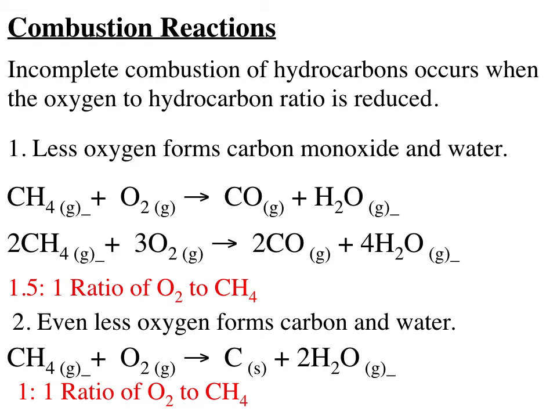Incomplete combustion either forms carbon monoxide, bad, or carbon. Now carbon bad as well, really, ultimately, carbon, elemental carbon being formed from the combustion, as we see in this final reaction. You still get water vapor, as you do in all three, but elemental carbon is what we would call soot. It's that black grimy stuff that comes out of combustion processes.